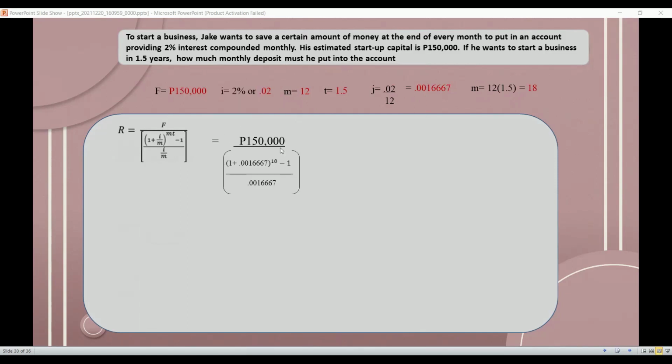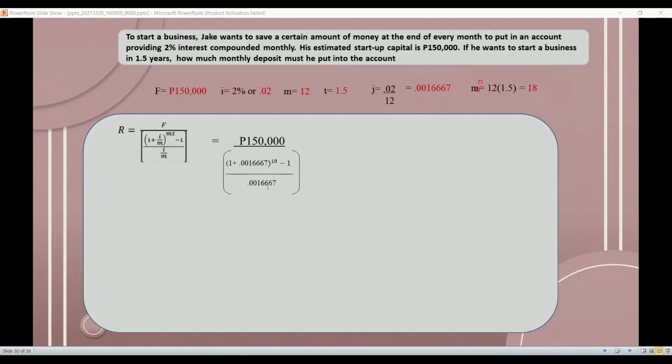So, we substitute 150,000 as our F. Then the I over M, our J, we just copy, raised to our, sorry, this is N. So, our N is 18.